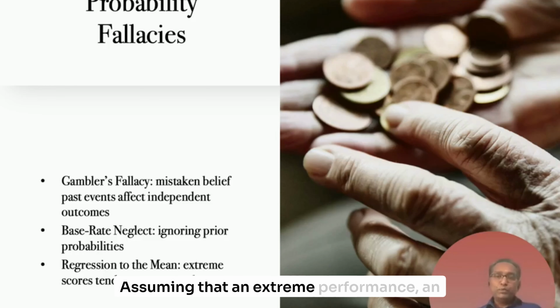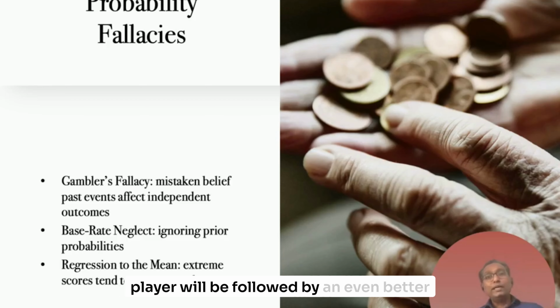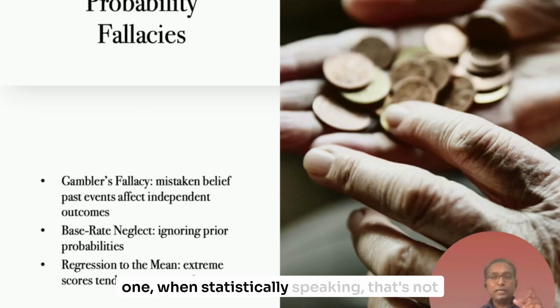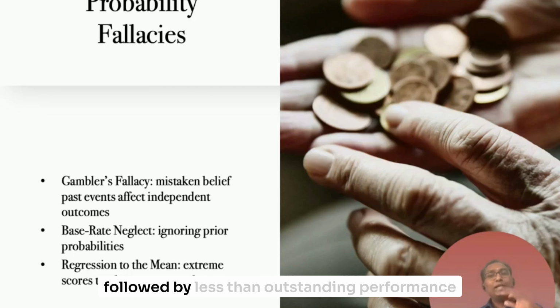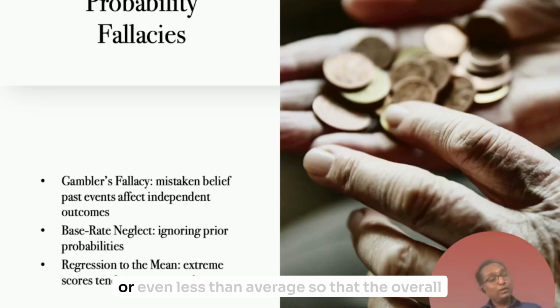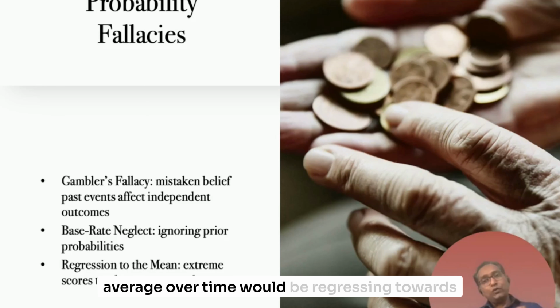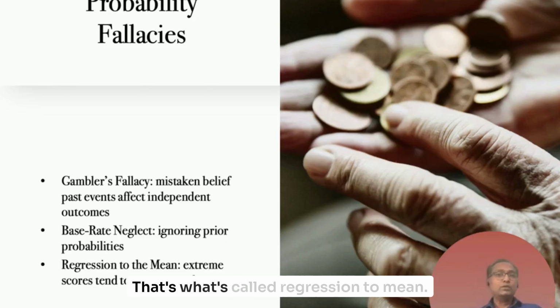Assuming that an extreme performance, say an outstanding basketball performance by a player, will be followed by an even better one, when statistically speaking, that's not the case. An extremely outstanding performance would be followed by a less than outstanding performance or even less than average, so that the overall average over time would be regressing towards the mean. That's why it's called regression to the mean.